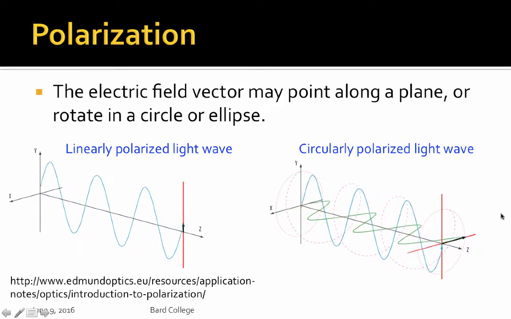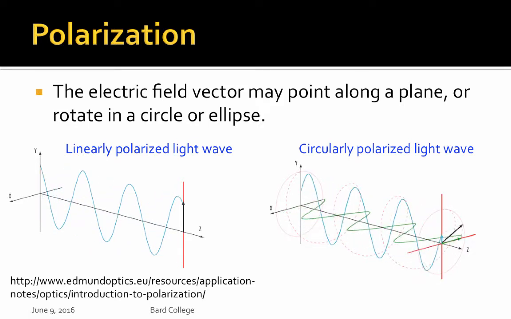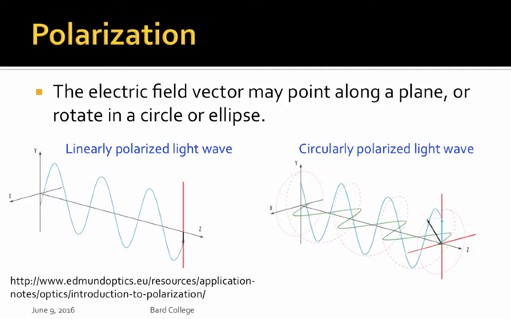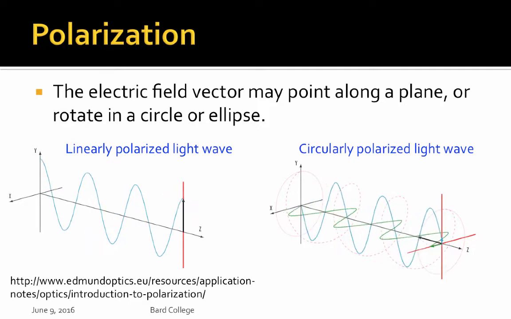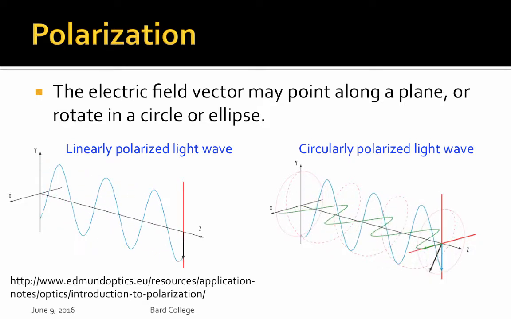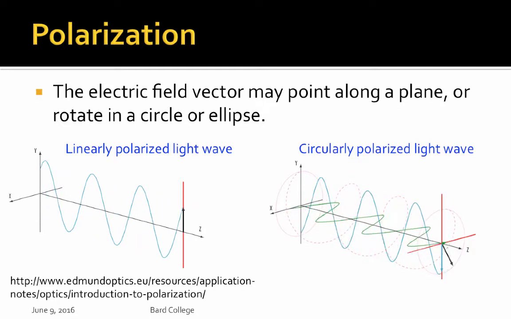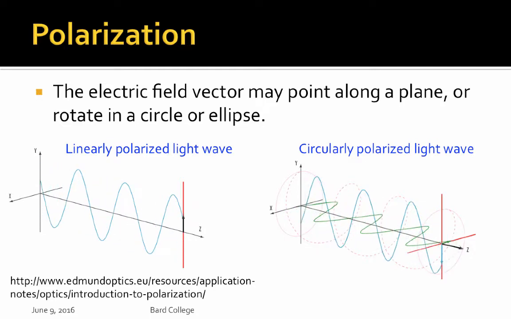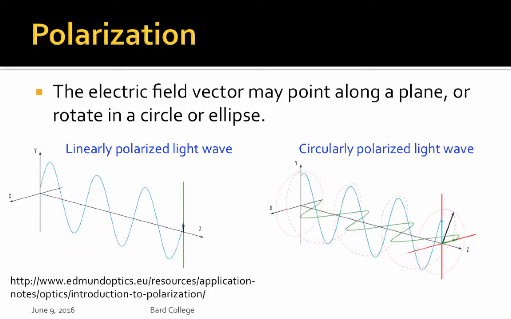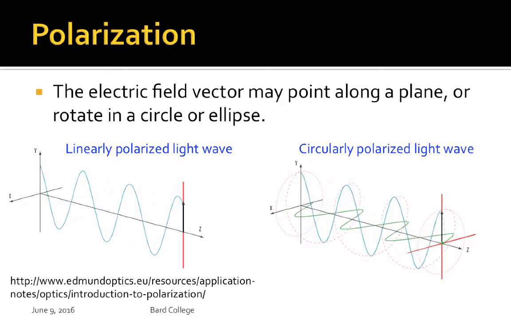And you can't see that with your eyes because that electric field is changing very, very fast. Just like we can't see that the electric field is oscillating up and down in a linearly polarized wave. However, we can see that there are equal amounts of horizontal and vertically polarized light, for example, in a circularly polarized beam.